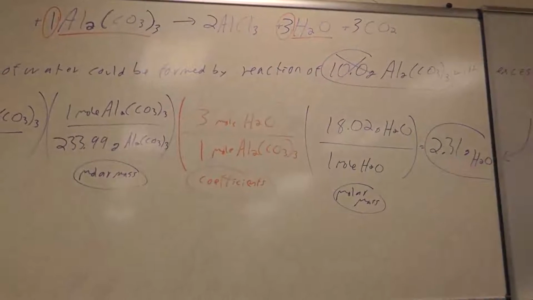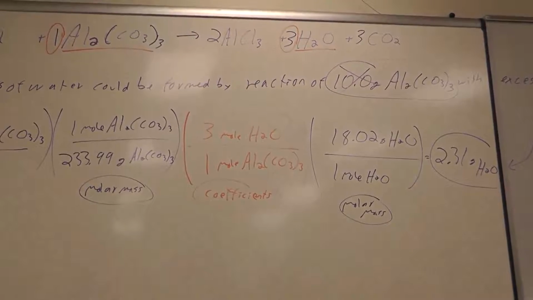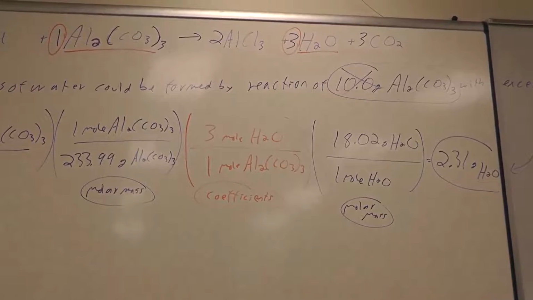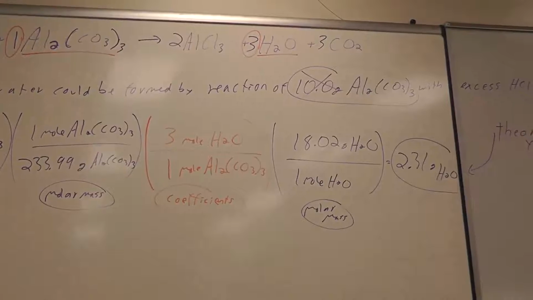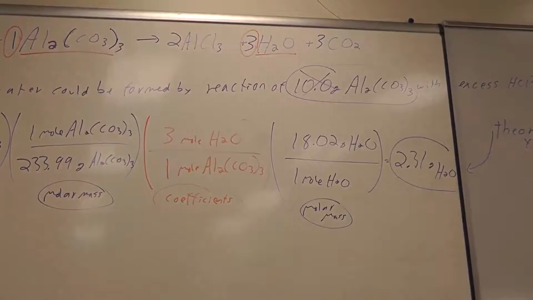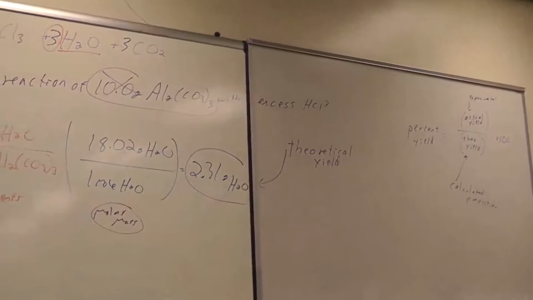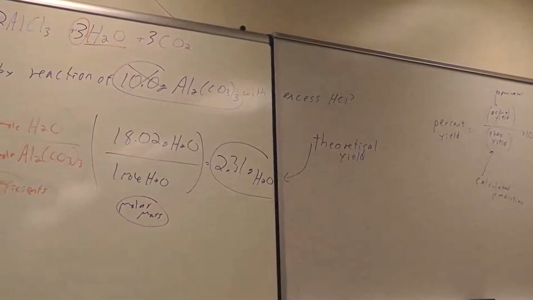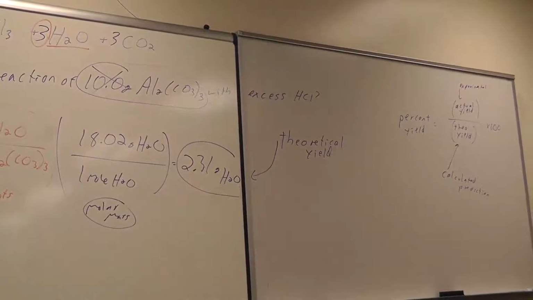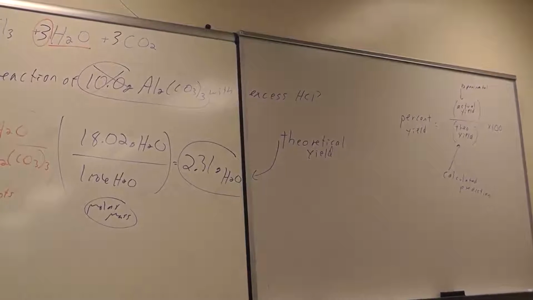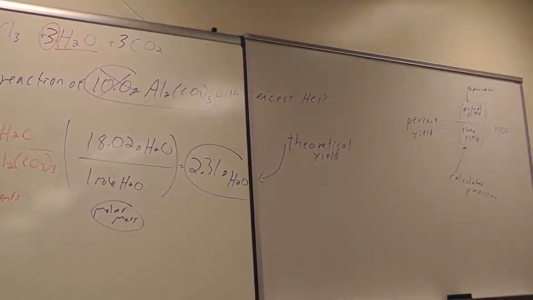Theoretical yield, this is a calculated prediction on how much could be made, but the actual yield is experimental. So if 2.31 is what's possible, naturally the closer you get to 2.31, the better you've done. And so percent yield is a measure of efficiency.